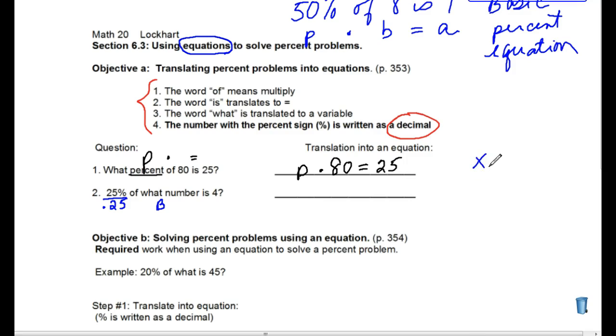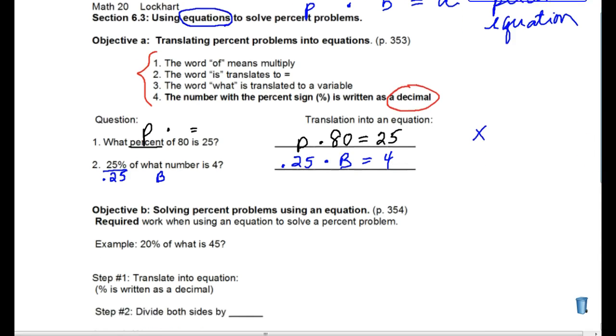If you want to use P for percent and B for base and A for amount, it can help you keep straight what we're trying to find. And of course, is means equals. So I'm going to write 0.25, that's my percent. Of means times. I'm looking for the base. Is means equals, and 4. So you translate right off of the words into the numbers and the symbols.